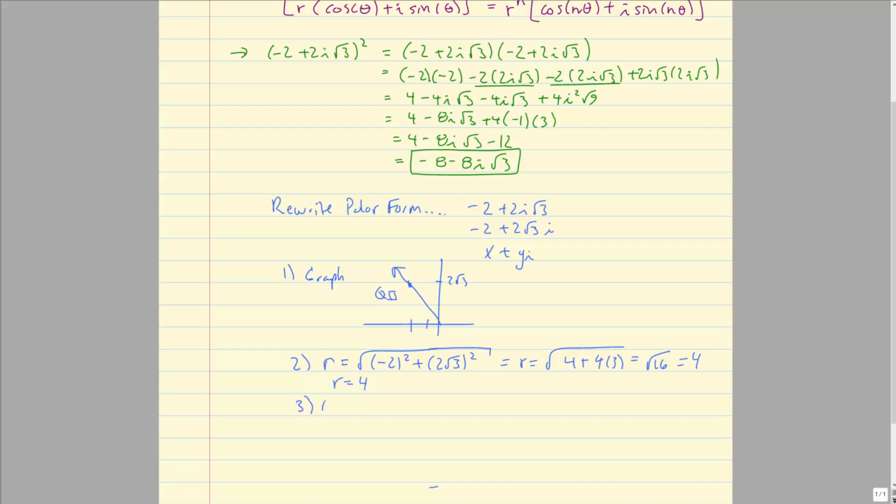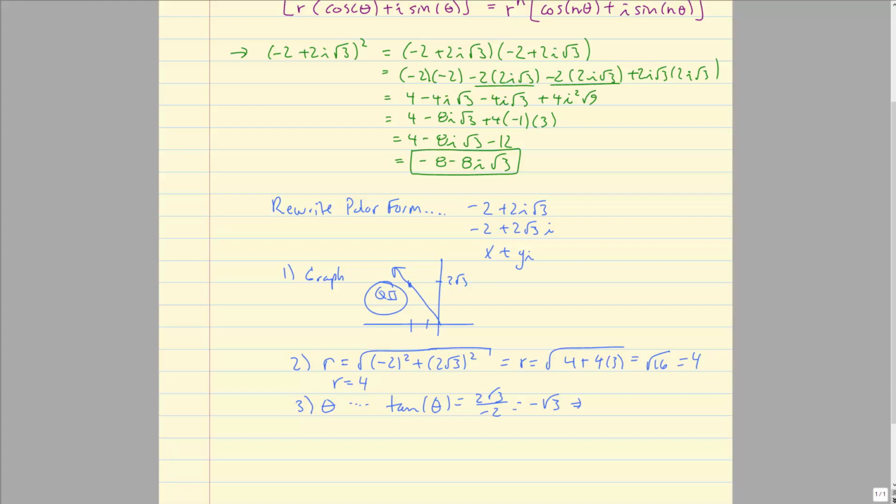Last step, I need to find theta. So tangent theta is going to be y over x, so 2 root 3 over negative 2. This simplifies to a negative root 3. So from here I need to figure out, where does tangent, and I'm working in quadrant 2 up here, so what angle has a tangent of negative root 3 in quadrant 2?